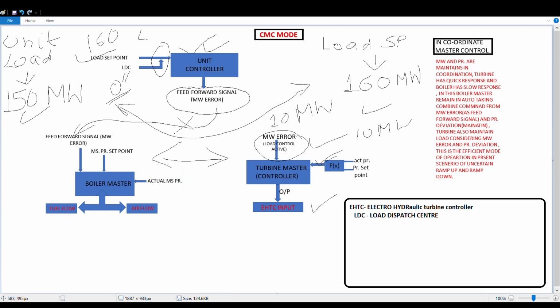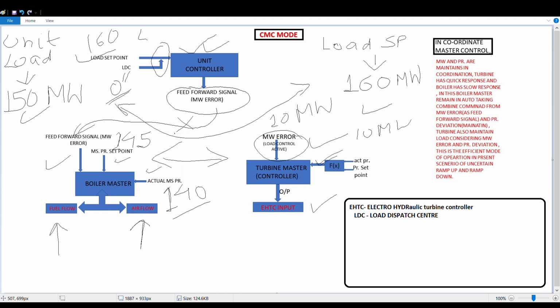The MS pressure set point, suppose we keep at 145. It is fixed in a unit. And the actual pressure is currently 140. Assume the MS pressure is falling because the load is increasing. So considering these three inputs, the feed forward, the MS pressure set point, and the actual pressure, the Boilermaster will increase the fuel and increase the airflow because the demand is increasing.